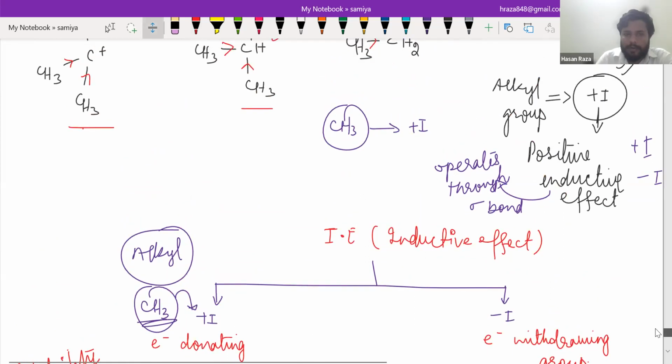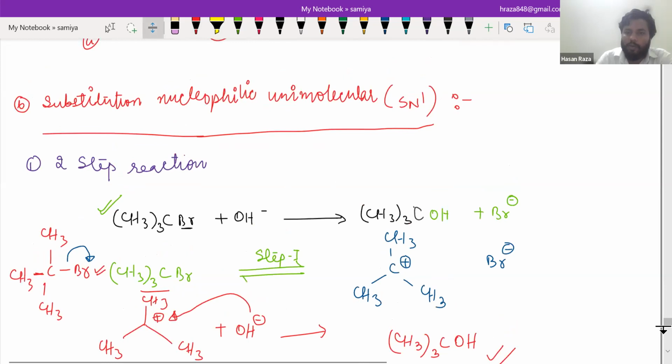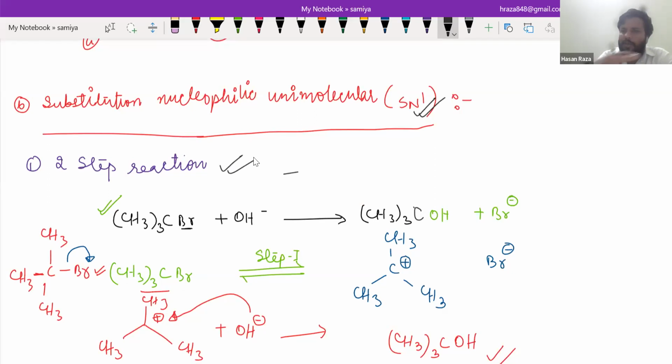So Madhya, we just started the substitution nucleophilic unimolecular reaction, which is also known as SN1 reaction. This is a two-step reaction. SN2 was a single step reaction, and the reactivity in SN2 is 1 degree, 2 degree, 3 degree.